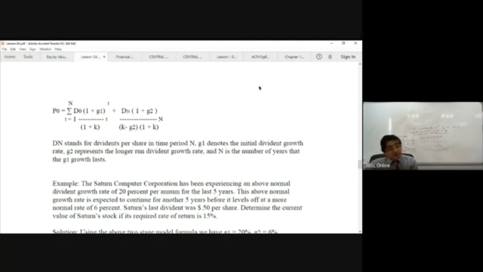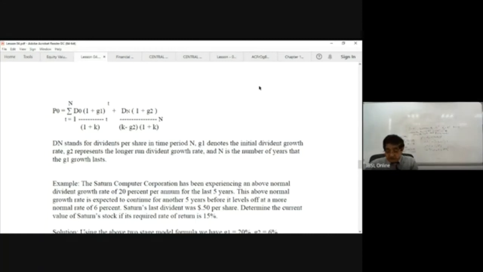And it is a simpler way than this formula. If you go by this formula, I think it would be more difficult for you, and it looks very cumbersome. So I don't recommend you memorize this formula. But you need to understand that there are two growth rates.